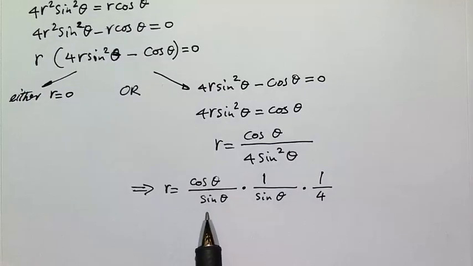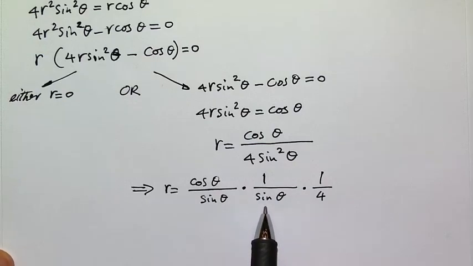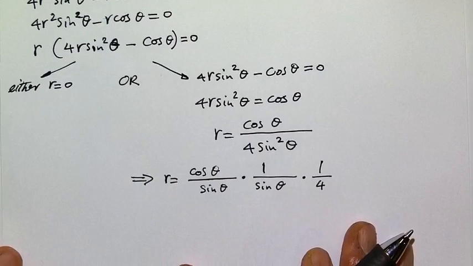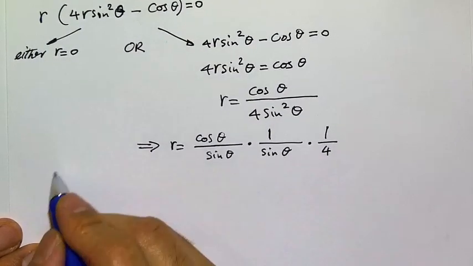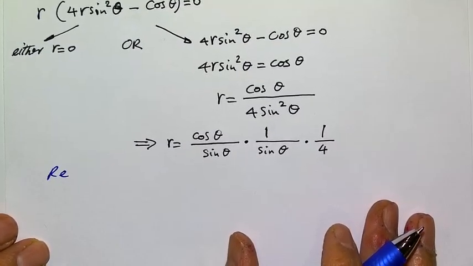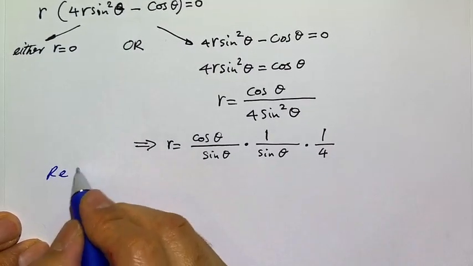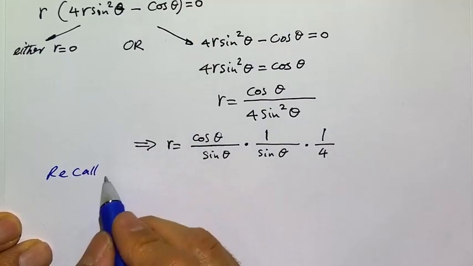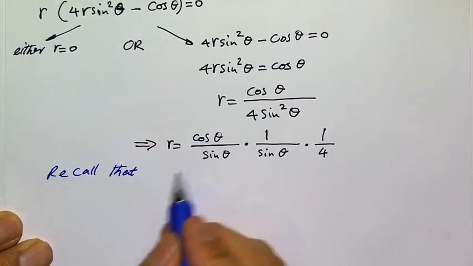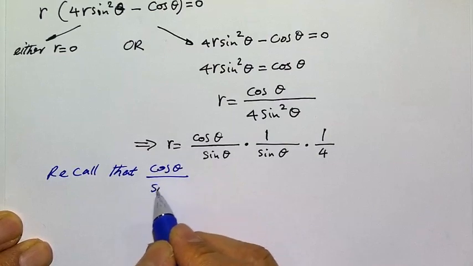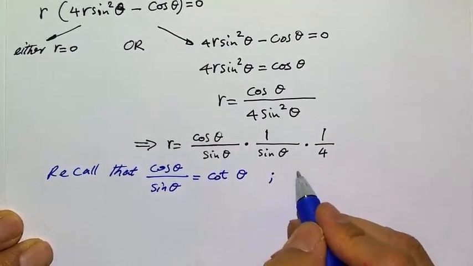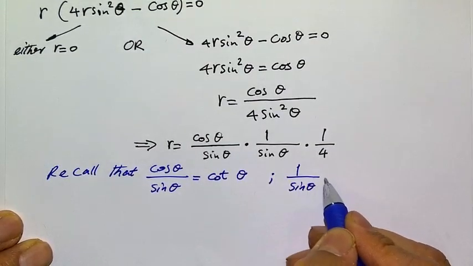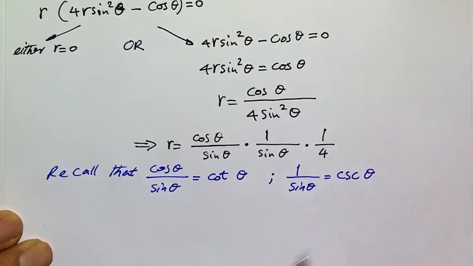Now, cosine over sine is cotangent. 1 over sine is cosecant. So let's recall that cosine theta divided by sine theta is equal to cotangent of theta, and 1 over sine theta is equal to cosecant of theta, right?